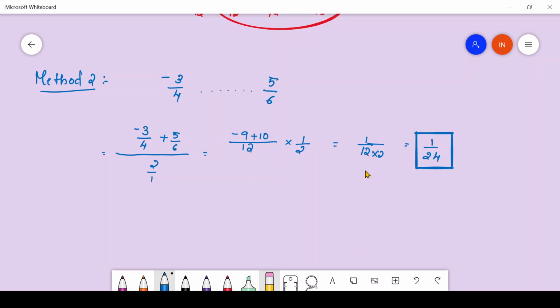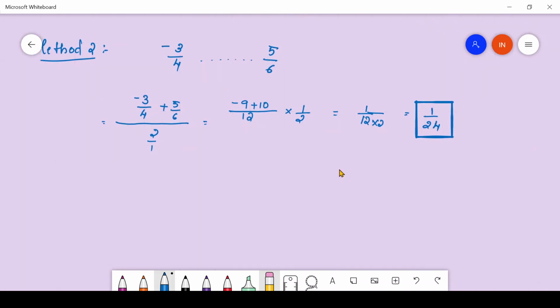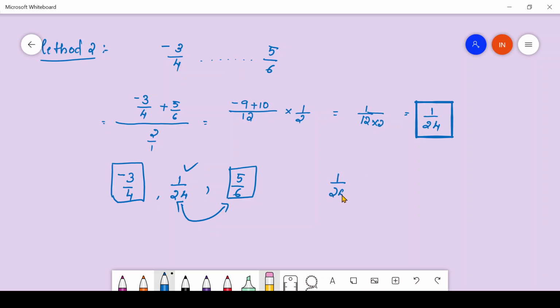Okay. Now we have negative 3 by 4, the one we got just now, 1 by 24, and we have one more rational number, 5 by 6, given. So let us find one more rational number between these two. I'm going to check with 1 by 24 and 5 by 6. As we have discussed, we have to find the mean.